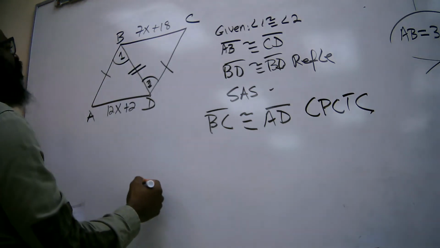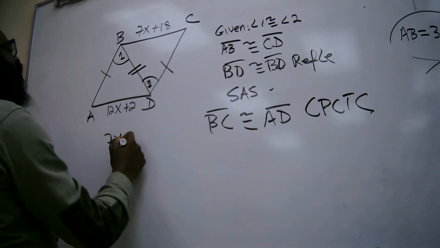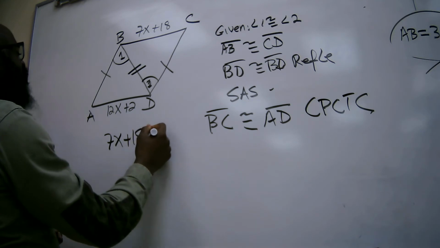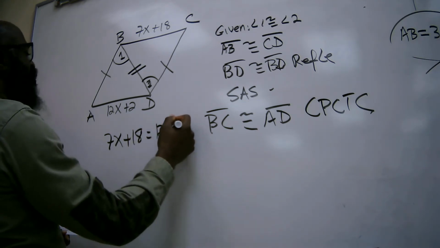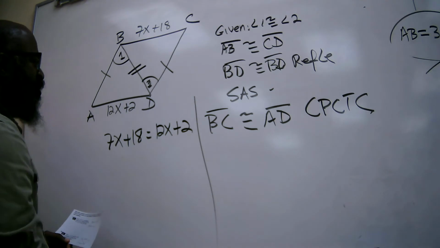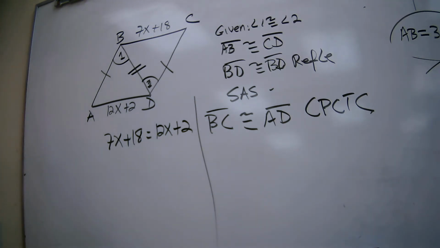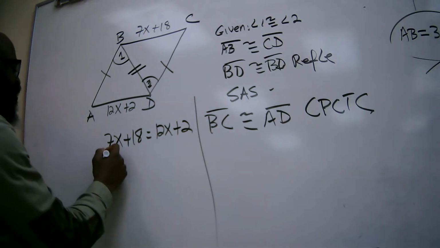Then we can say that 7x plus 16 is equal to 11x plus 2. Then we can solve for x. So we're going to subtract 7x from each side.